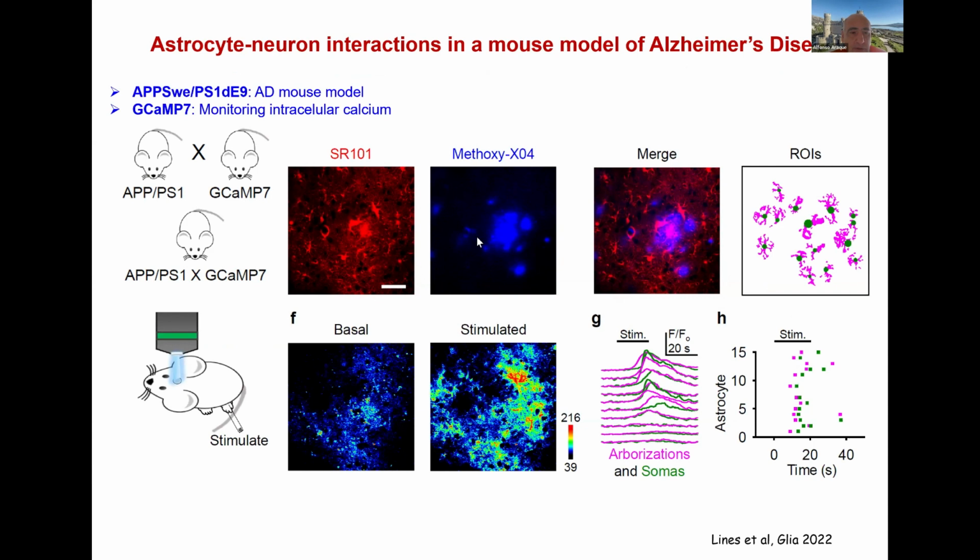So we could monitor the calcium activity in the astrocytes using this approach that I have shown before. We monitored the beta amyloid plaques, and then we monitored the calcium activity using two-photon microscopy and the GCaMP7 calcium sensor, and then we stimulated the hindpaw to produce the sensory stimulation. And we then compared in control animals.